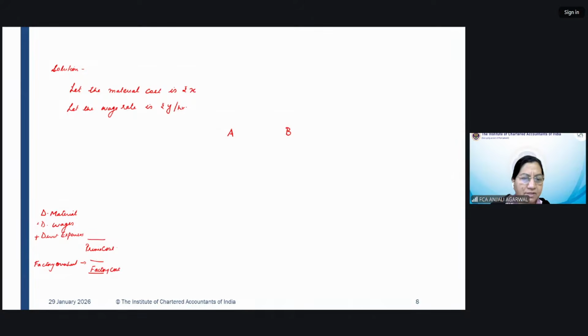So in this question, we have the material, we have the wages. There is nothing like direct expenses here in this information, but we have factory overheads at the rate of 5 rupees for actual hours worked. So material we don't know for A and B, so direct material used is assumed to be X rupees and X rupees.